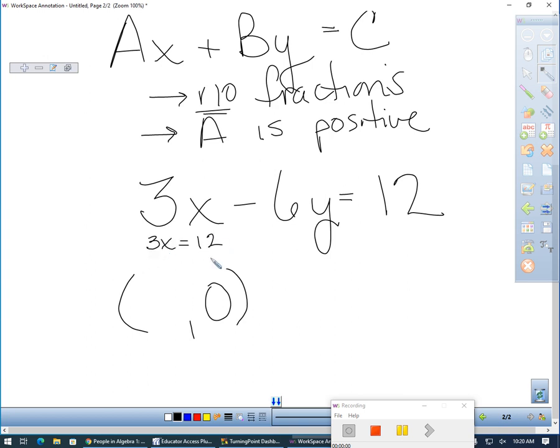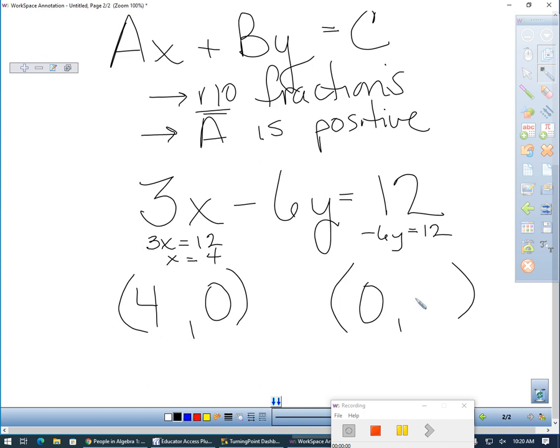Can I solve for x? By doing what? Divide by 3 and we get x equals 4. So we actually have an intercept, or our line is going to cross at 4, 0. If I want the y-intercept, that means I'm putting 0 in for x. And again, I can cover up this term, and I'm left with negative 6y equals 12. If I solve that, tell me what y equals.